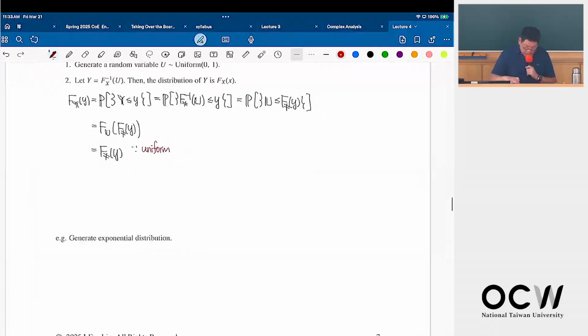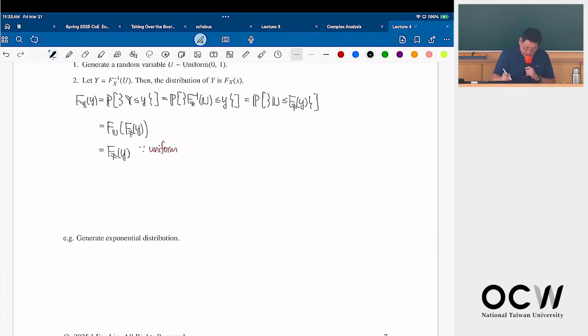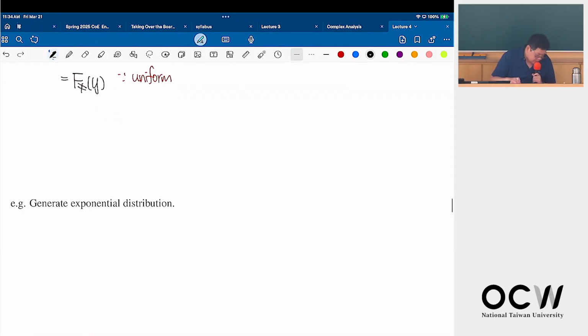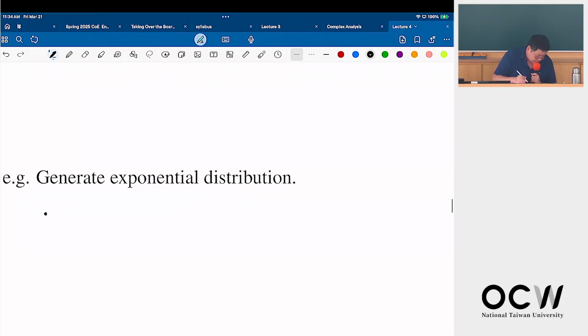Okay, so for example, to generate the exponential distribution, we will first generate the uniform random variable. Generate the u random variable that is uniform from 0 to 1.